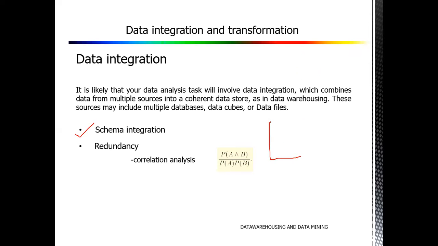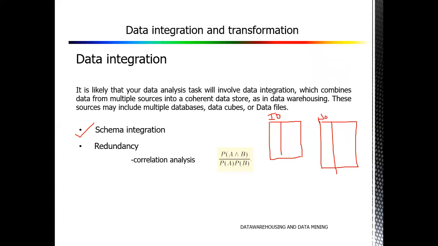Suppose there is one table, and there is another table with which you want to perform this integration. There are two columns. In this one, the attribute name, or column name, is ID, and here the name is number.